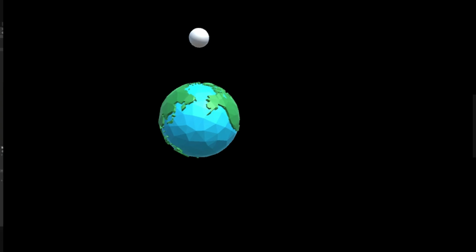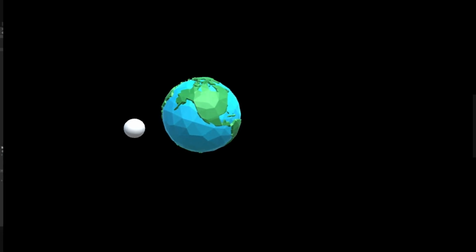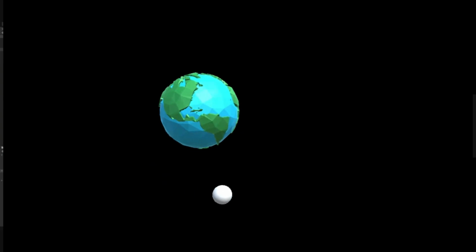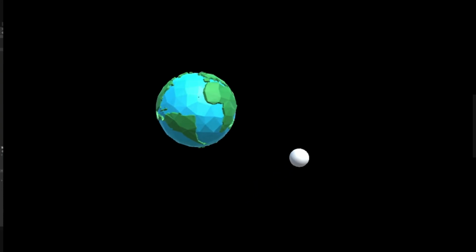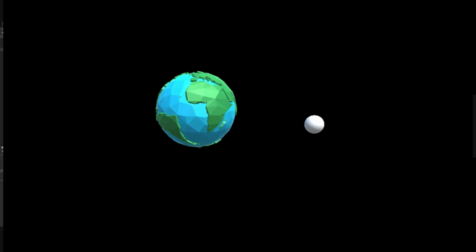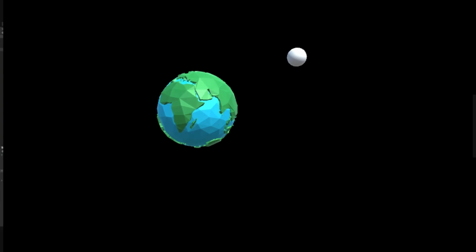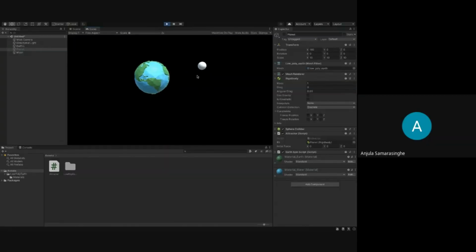The reason is I applied another force in the y direction to the moon, which adds a force upwards, and there's also the gravitational force between the moon and Earth. The net force, made up of the force that I applied to the moon and the gravitational force, makes the moon orbit around Earth.